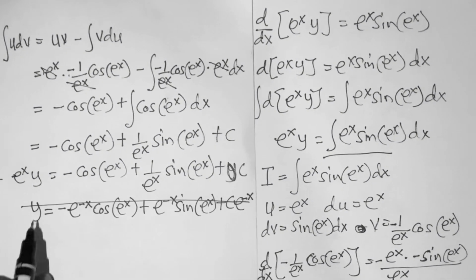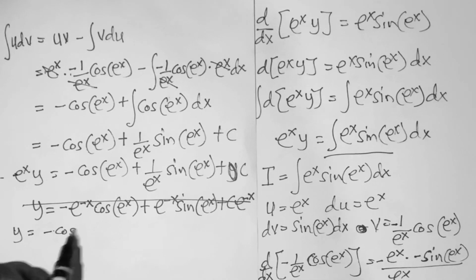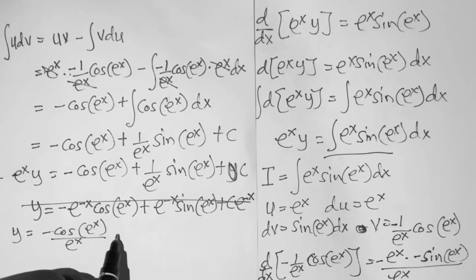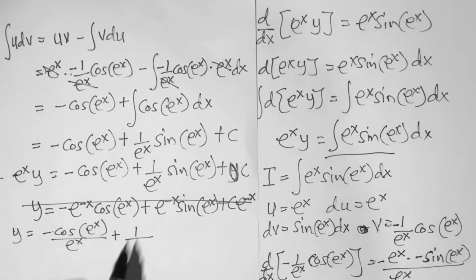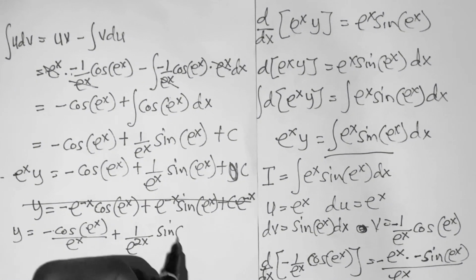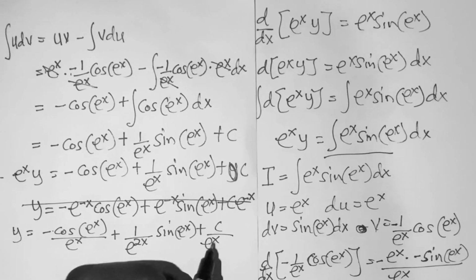So let's divide through by e^x. So y is equal to minus cos(e^x) divided by e^x, then plus 1 over e^{2x} sin(e^x) plus c divided by e^x.